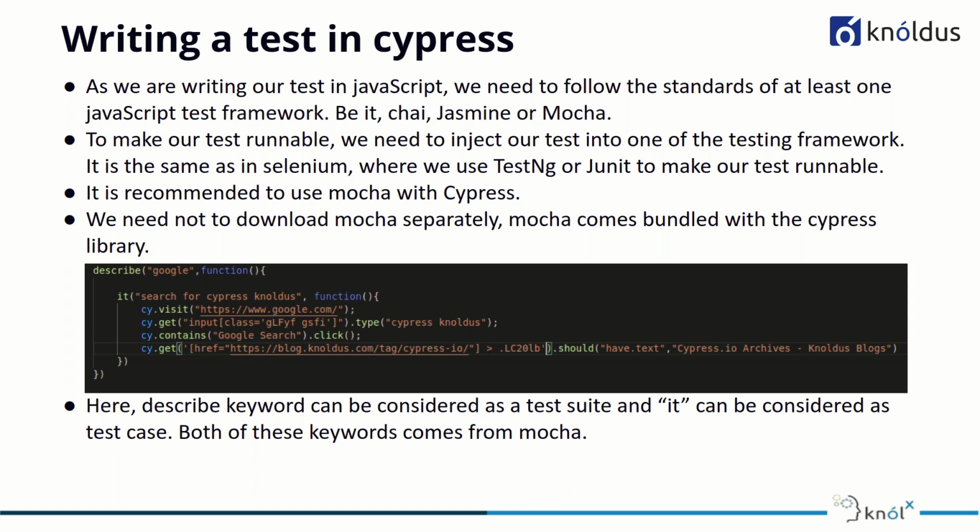So basically, if you are going to write a test suite for the login functionality, then you can describe login functionality with the describe keyword, and then you have multiple test cases written for it, like logging in using invalid credentials. That test case can be defined with the it keyword. Yeah, so this was pretty much what needs to be addressed for it.